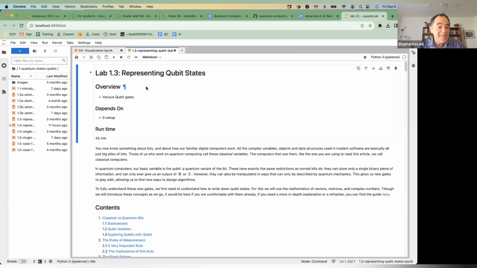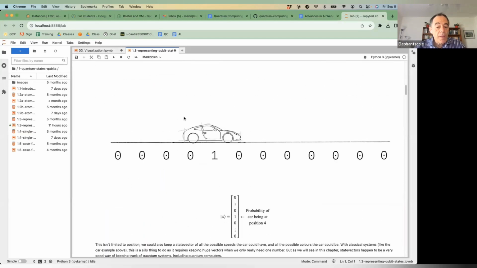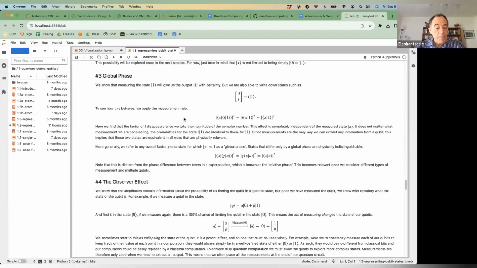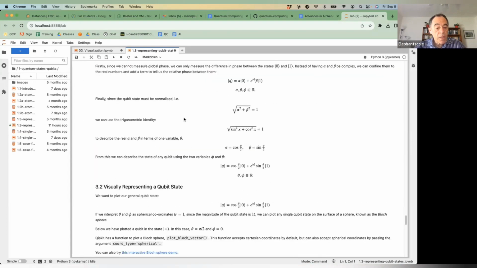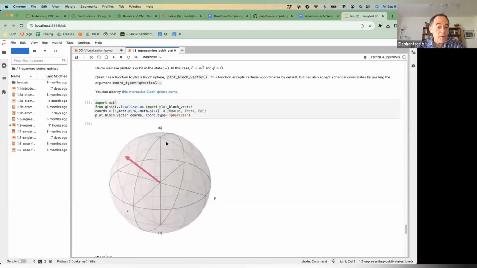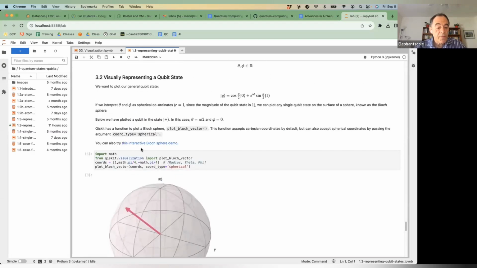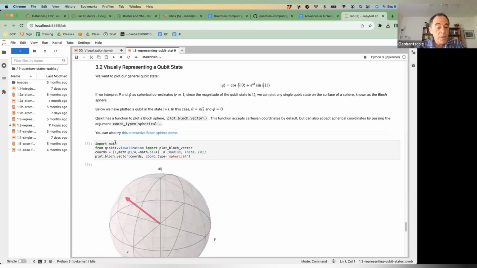Okay, it's open exactly on the right lab. And in fact, I'm not going to go through the whole lab right now, but I'm only interested in that Bloch sphere. So let's look at what is going on here. And then maybe if we can, we'll do the exercises, and that will be good enough. So what we do here is we import the math package because we need the pi number, 3.14159, as you remember, all of that.